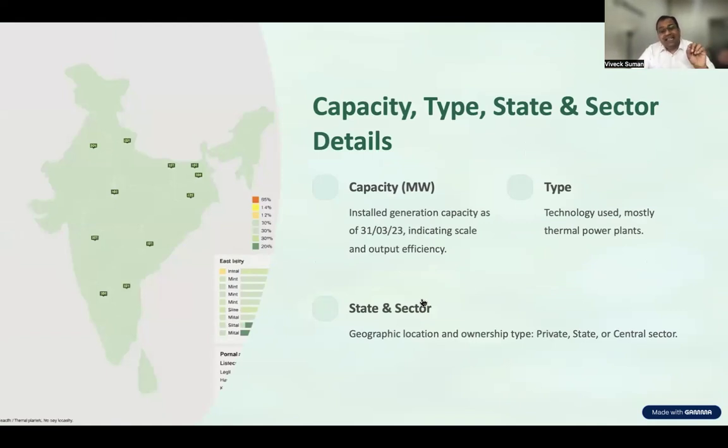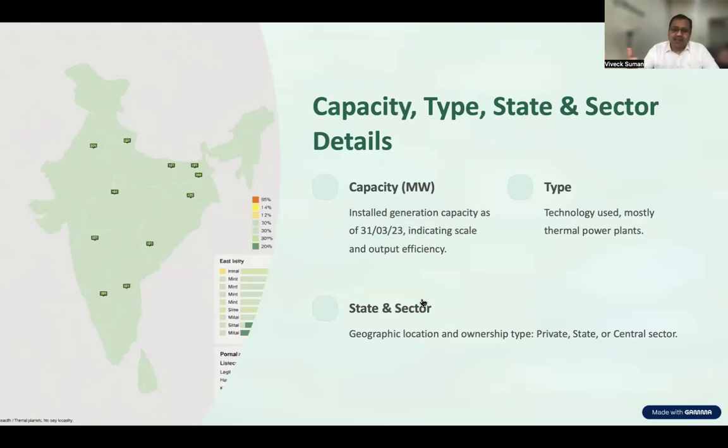Here, the date is very specific, which is 31st March 2023. So the financial year ending 31st March, this database has been updated and sent to us. And this is version 20. If you check version 18, 19, you will be lost as well, because that date or installed capacity might be different. And of course, the calculation and research paper will also be a little dated.